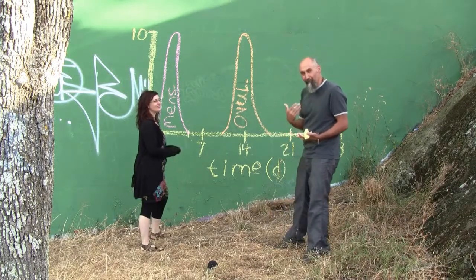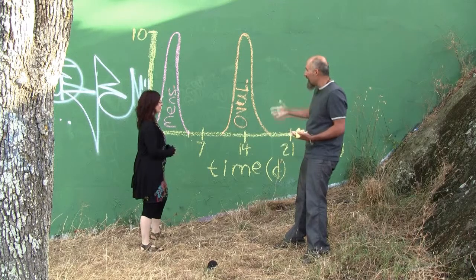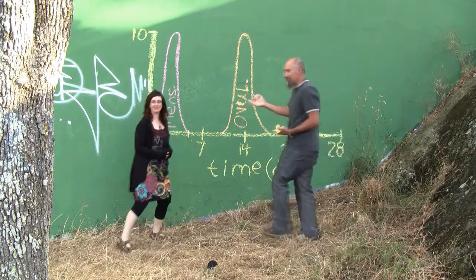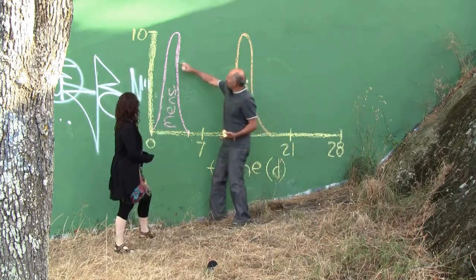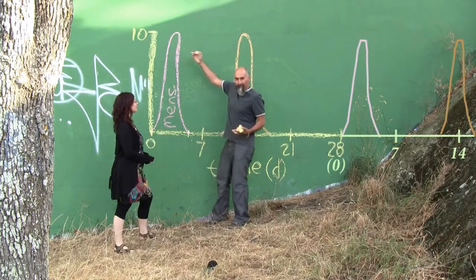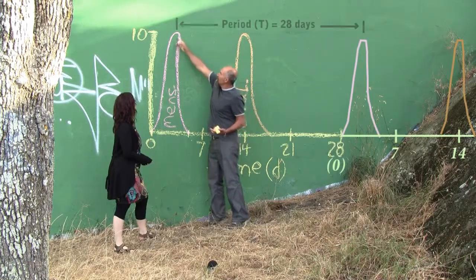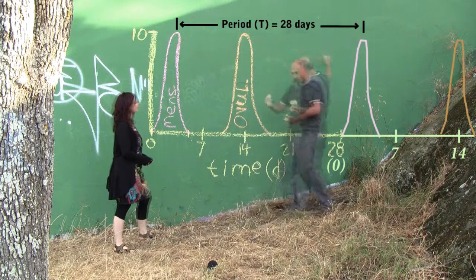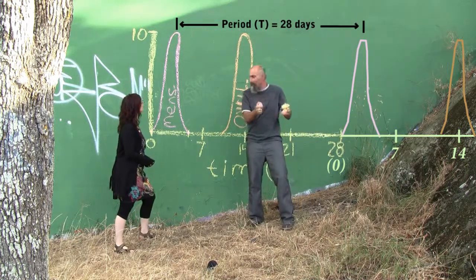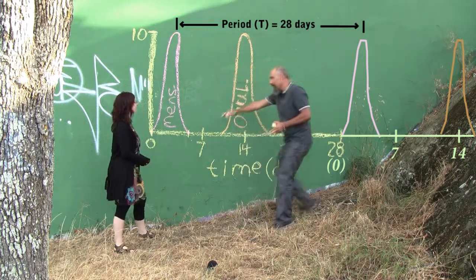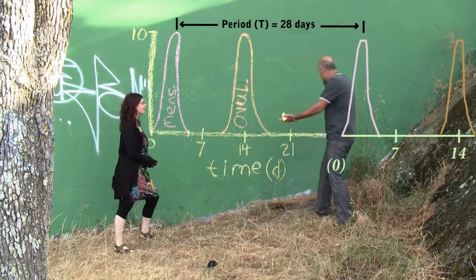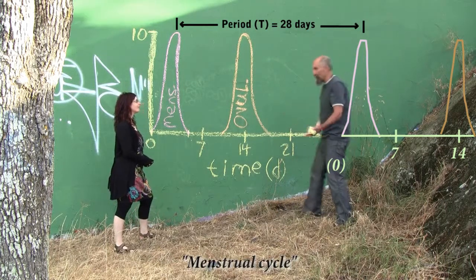If you look at it from a mathematical perspective, in mathematics, in physics, we call this cycle where you can take something and put it back to back the period of the female reproductive cycle, or any cycle you want to talk about.